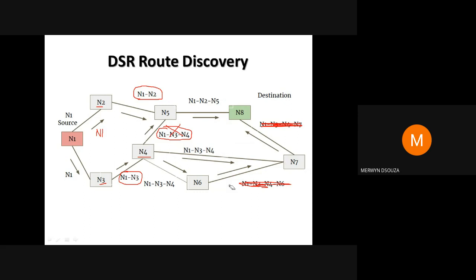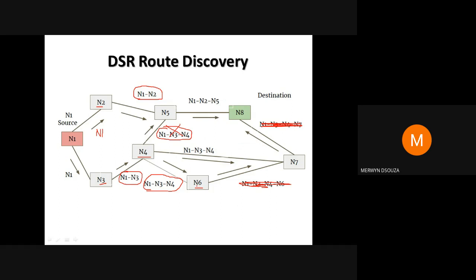N7, when you check here, gets this packet directly, but N6 also could send it one packet. The node N6 checks this packet when it comes. It is not the destination. The destination is node N8.